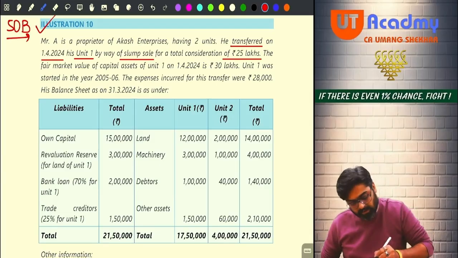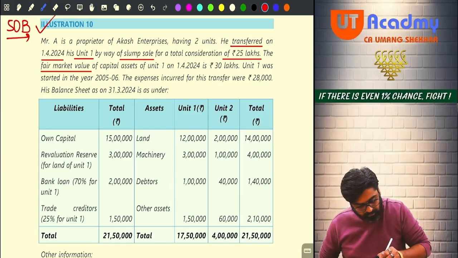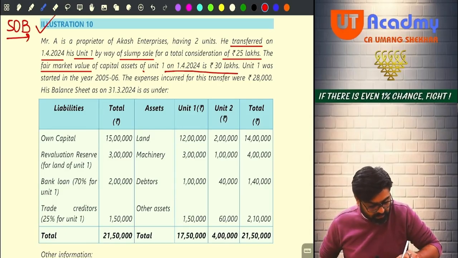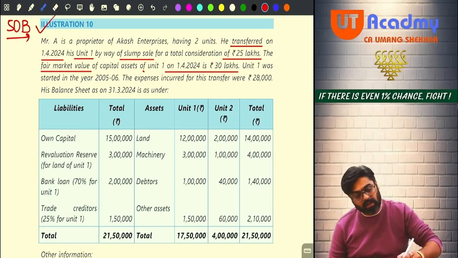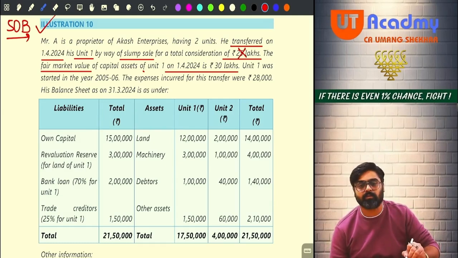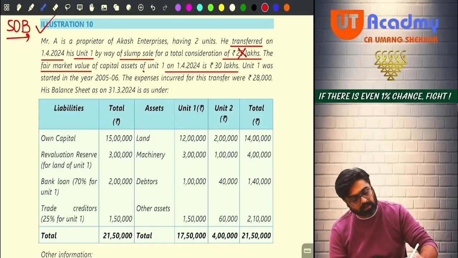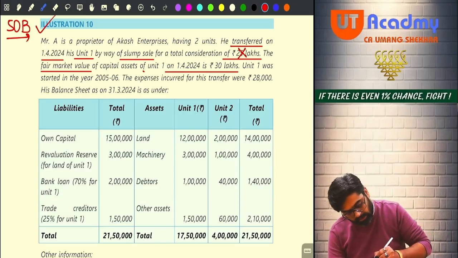So they are saying that the fair market value of the capital assets of unit 1 on 1st April 2024 is 30 lakhs. Meaning that now we will have to ignore 25 lakhs and we will have to take 30 lakhs as full value of consideration. Yes or no? So my full value of consideration is 30 lakhs. I will write 30 lakhs full value of consideration.